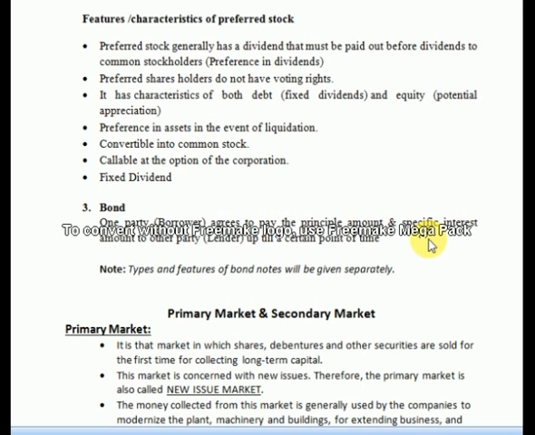When a company is liquidating, the preferred stockholders have the rights before the common stockholders over the assets of the company. It means that to satisfy the preferred stock, the company will sort out their assets first for the preferred stock.